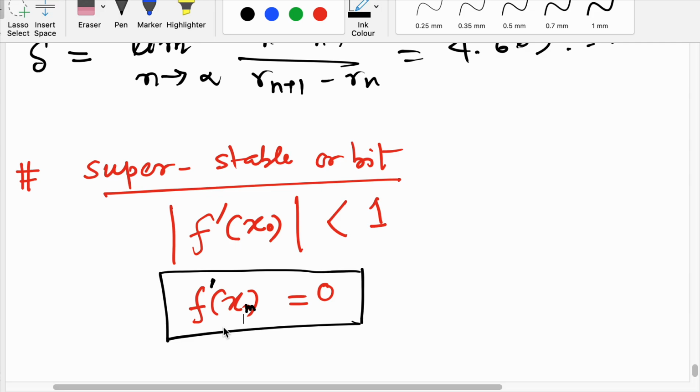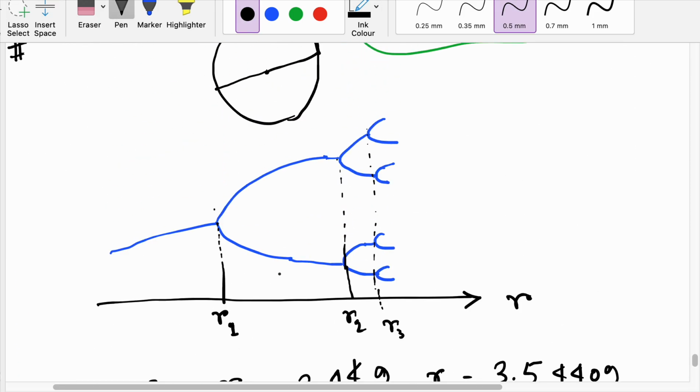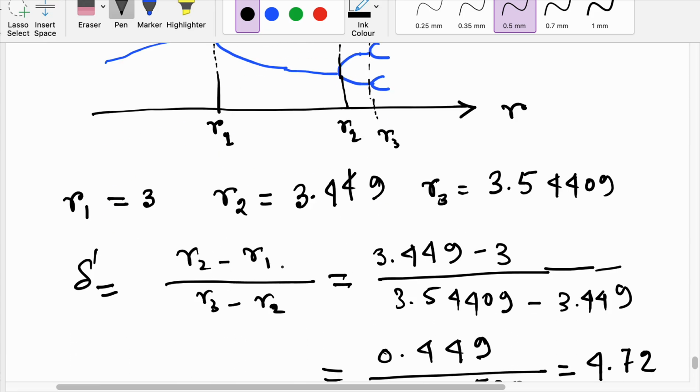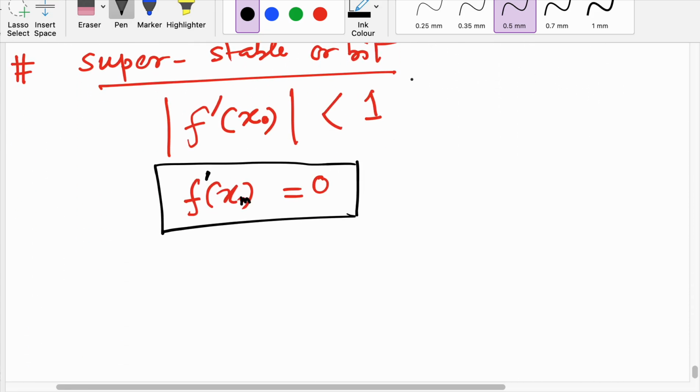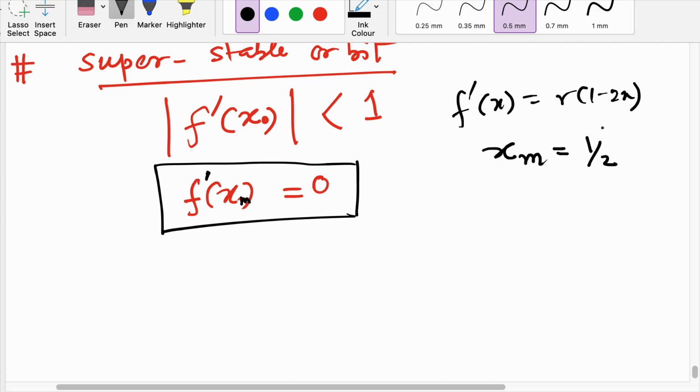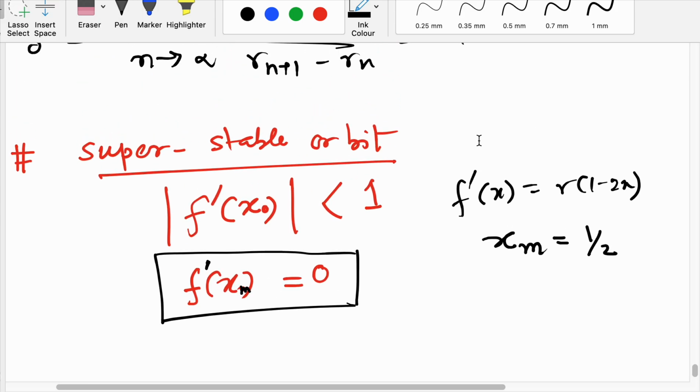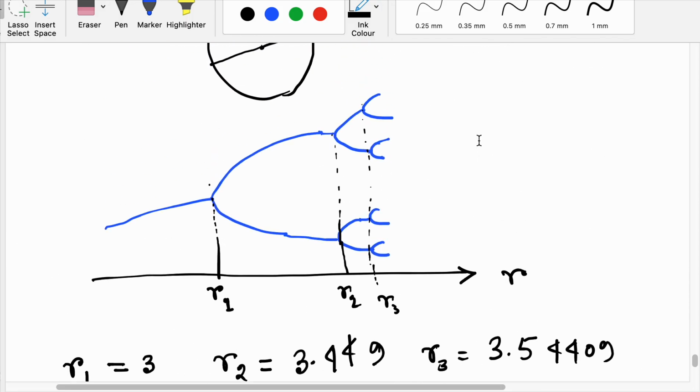Now for the logistic equation, f prime of x is r into 1 minus 2x. So if any orbit contains x_m equal to half, then the first derivative is 0. That means if it contains x_m equal to half, that will be the superstable orbit.